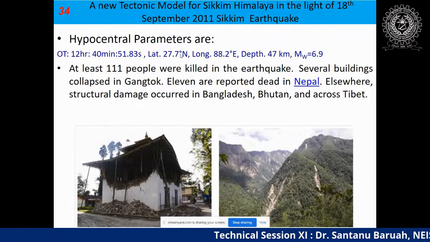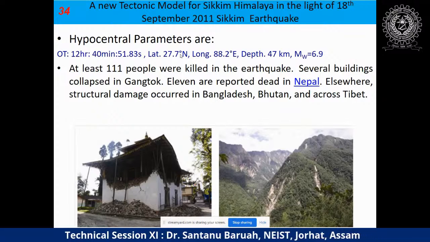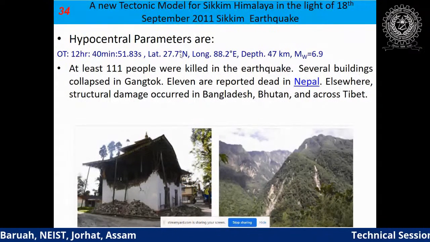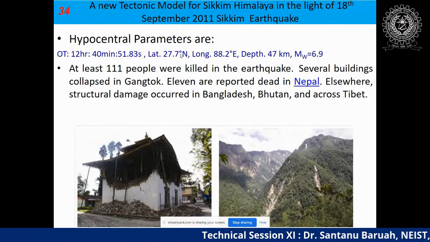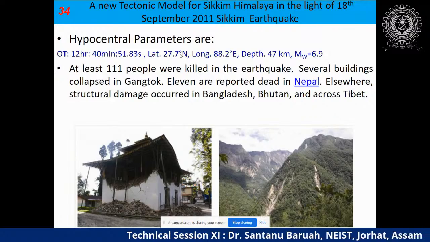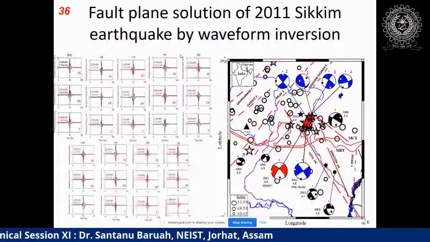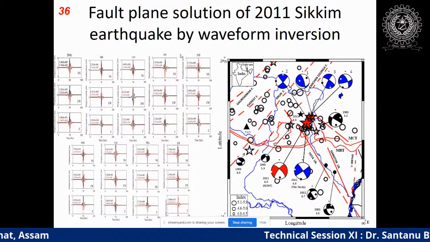So we have derived the source parameters for some of the large earthquakes of the northeast region of India. This is an example of the 18 September 2011 Sikkim earthquake. This was a very large earthquake in which around 111 people died, and these are some photographs of the destruction. We have estimated the focal mechanism solution for this earthquake, and we observed that the solution is a strike slip one.